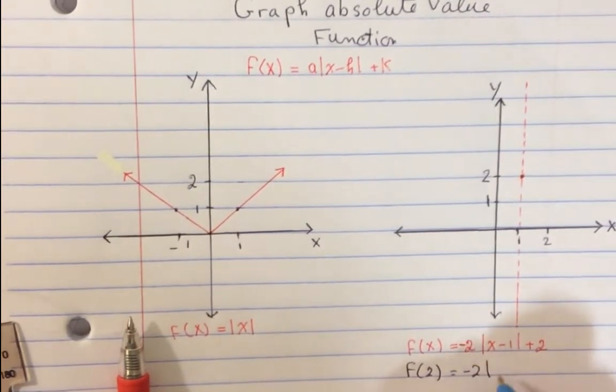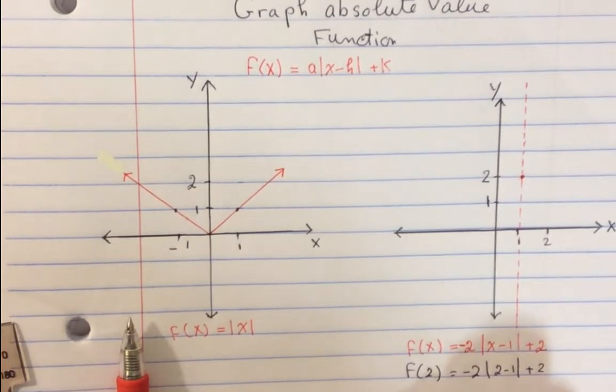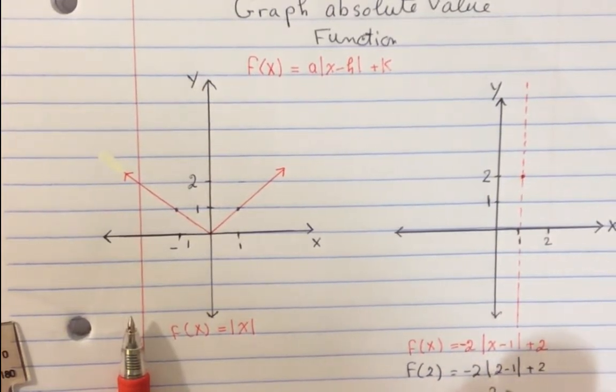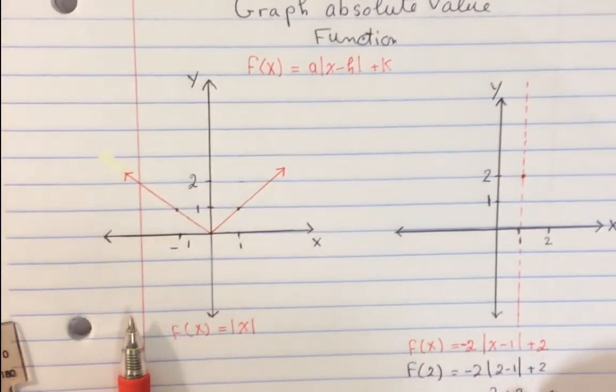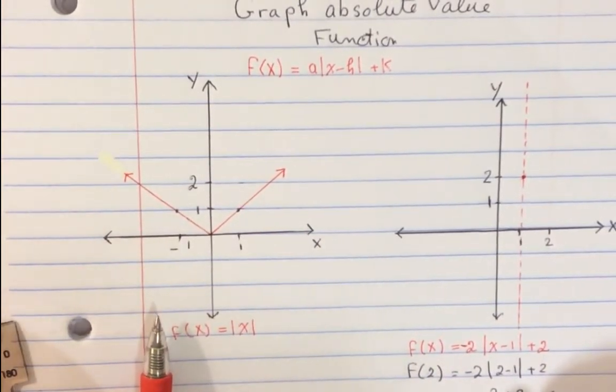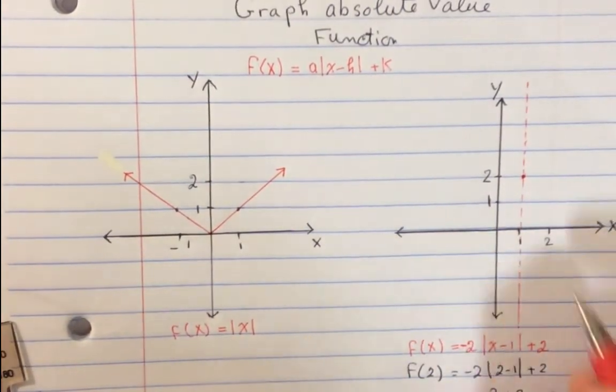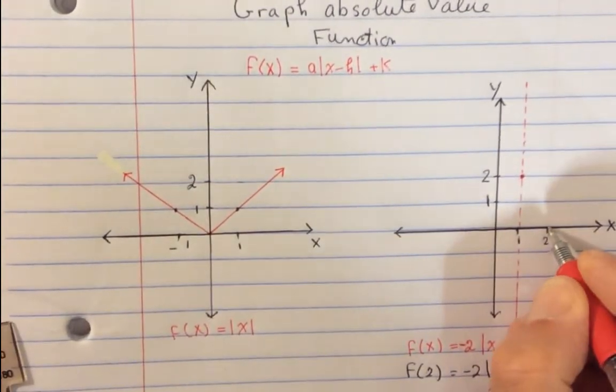So -2 times the absolute value of 2 minus 1, then we are adding 2. 2 minus 1 is 1. The absolute value of 1 is 1. 1 times -2 is -2. Plus this other 2, so the answer is 0. When x is 2, the value of the function is 0. The y is 0. So x is 2, y is 0.